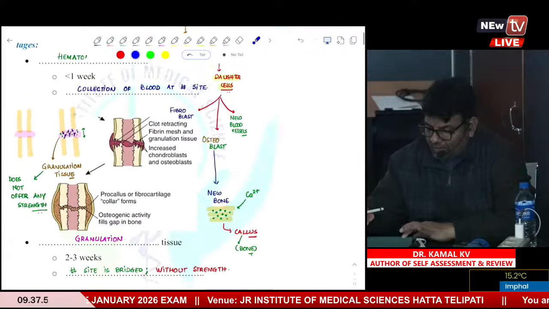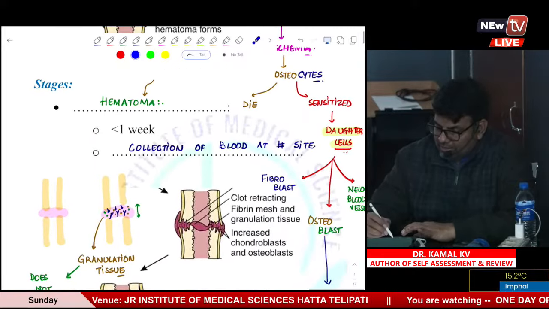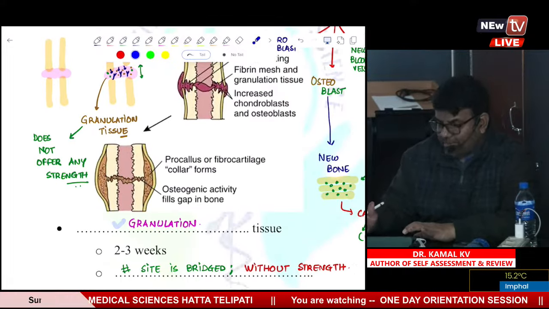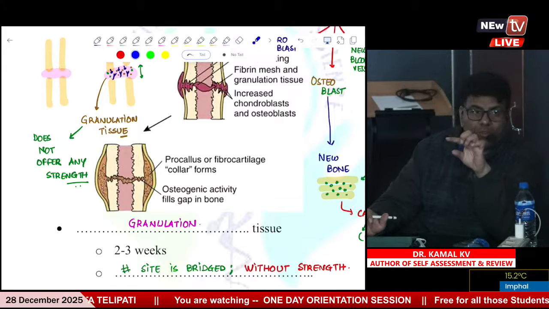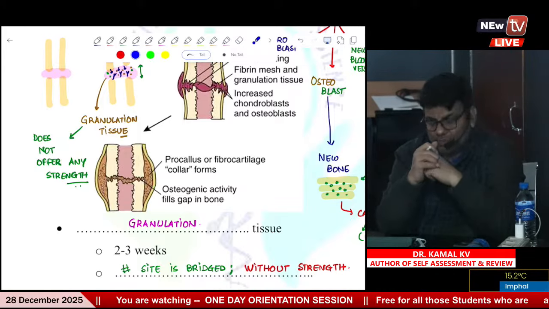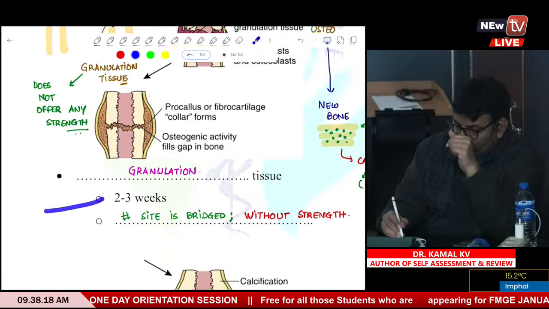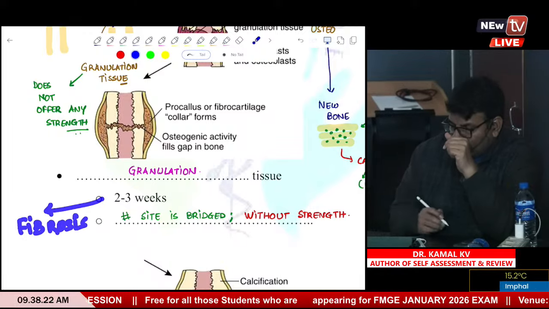Now see what happens in the first step, hematoma, and the second step, granulation tissue stage. These two stages are also seen in cases of soft tissue injury. But what happens in soft tissue injury, after this there is fibrosis. Clear?